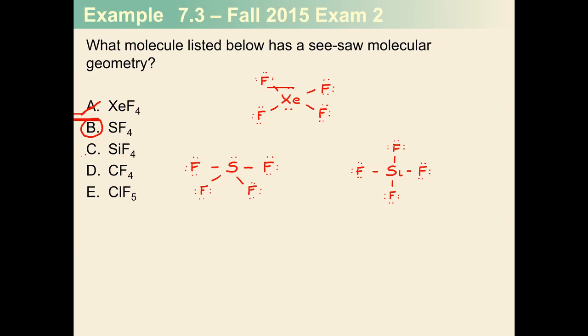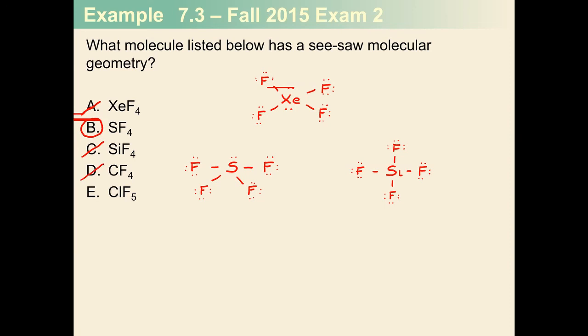The nice part about this is that answer C actually gives us the ability to answer part D very easily. The only change between C and D is the central atom. The number of electrons is the same. So you don't have to go out and draw answer D to know that it is wrong, because this would have the same tetrahedral molecular geometry.